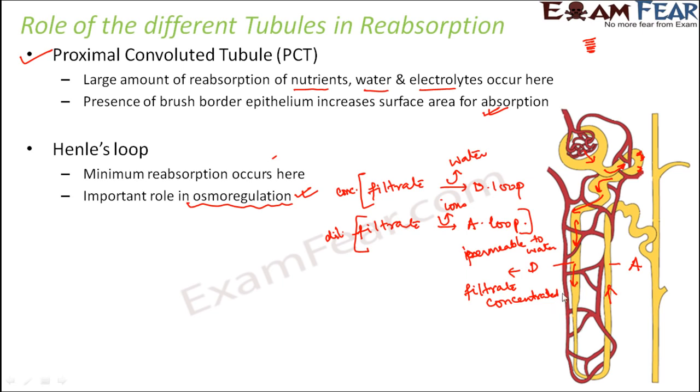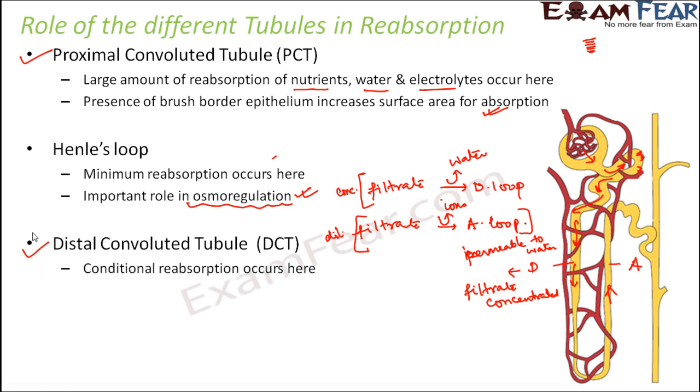How? Because the descending loop is permeable to water, so it allows passage of water, water is lost from the filtrate, so the filtrate becomes more concentrated. Then the concentrated filtrate moves up the ascending limb, which is permeable only to the ions, so it tends to lose ions. As a result, the filtrate again becomes diluted, and after this it enters into the distal convoluted tubule, which is again another coiled tubule.